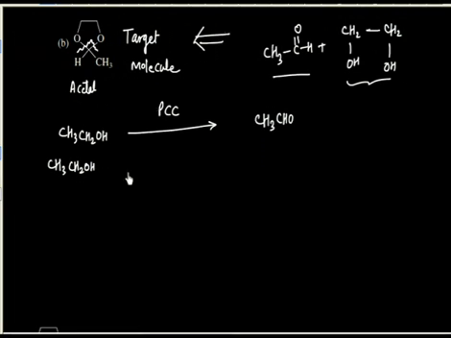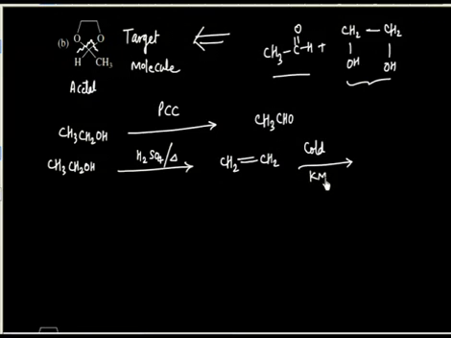Now this time do dehydration, H2SO4 heat. Dehydration of alcohol gives alkene. So you have CH2=CH2. And now I need OH at these two positions. That is one well-known reaction. If you treat with cold KMnO4, that is hydroxylation, you will have OH groups attached here. So you will have CH2OH, CH2OH.